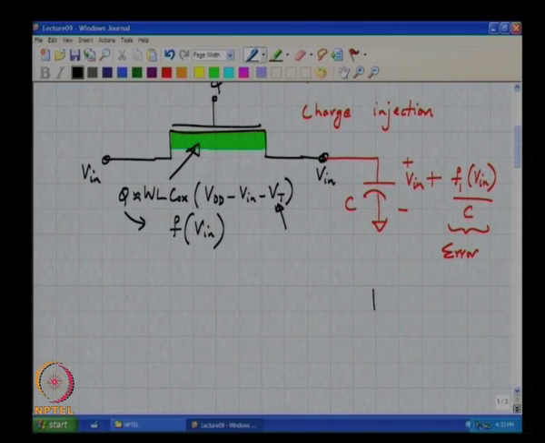So, finally, in order to sample and hold on to this capacitor C, there must be a switch somewhere, correct? One way of thinking about this is to say we already have a switch here.